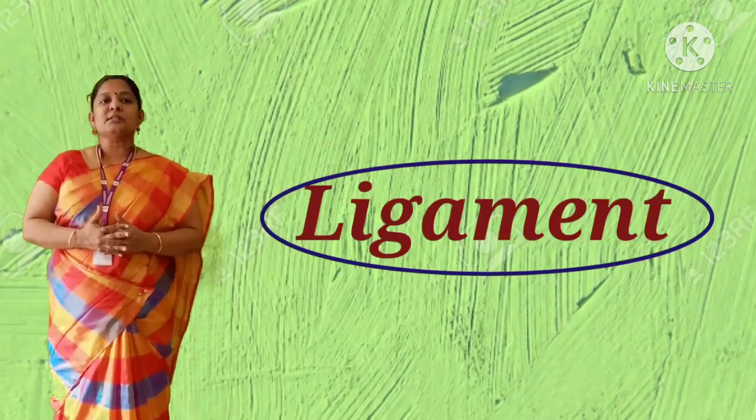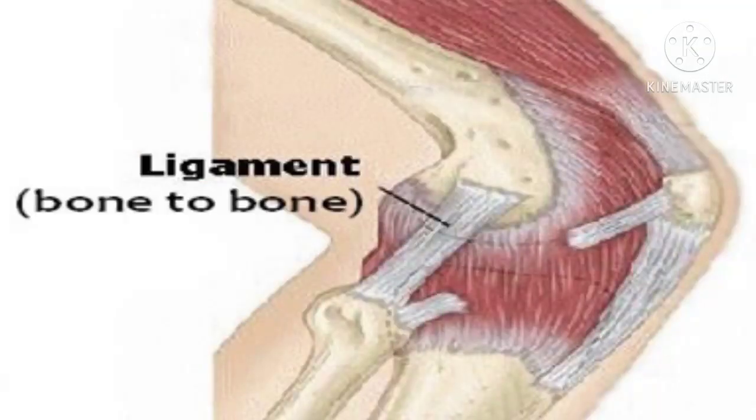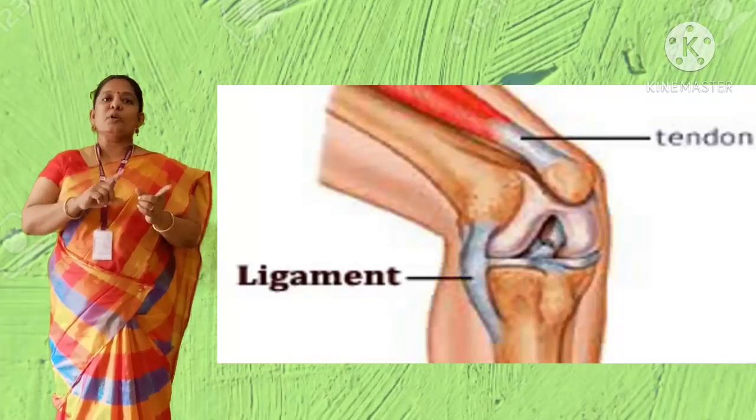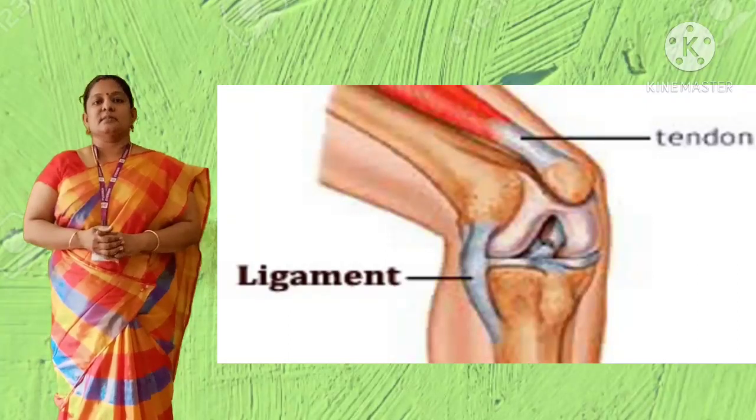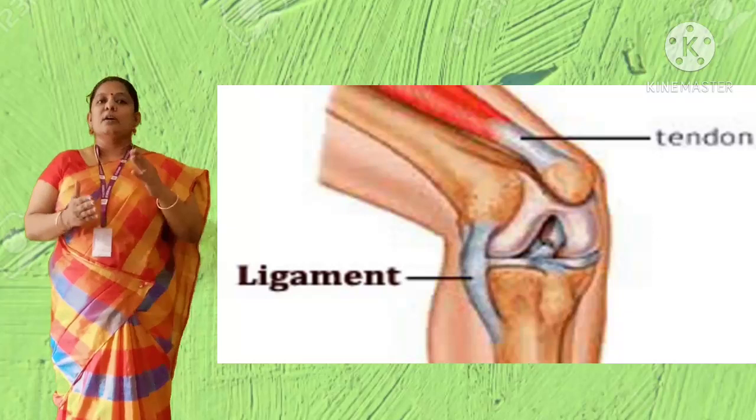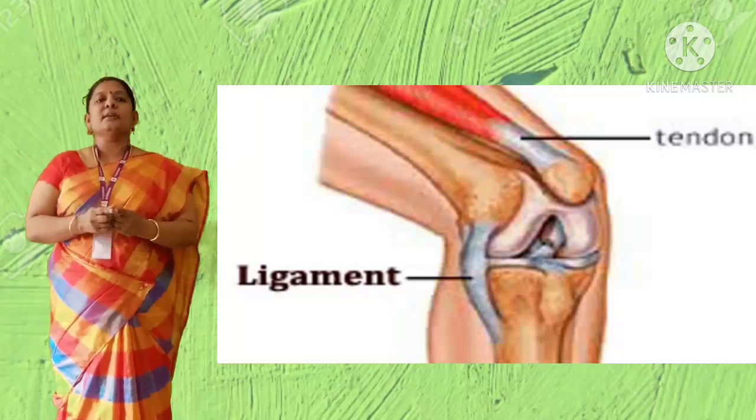What is a ligament? It is also a fibrous cord of tissue that attaches bone to bone. Two bones are joined with the help of ligaments. What are tendons? Bone is connected with muscles. Yes, that is tendons. Two bones are connected by ligaments.